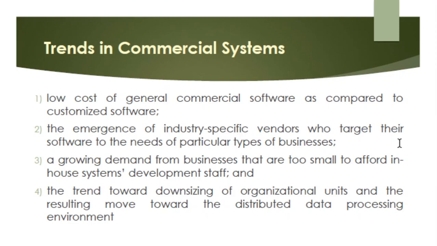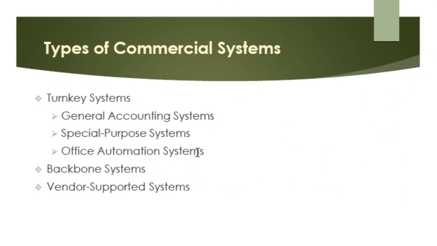And lastly, the trend towards downsizing of organizational units and the resulting move toward the distributed data processing environment. So these are the common reasons why there is a significant increase or growth in the usage of commercial systems. Now, what are the different types of your commercial systems? So you have the turnkey, the backbone, and the vendor supported systems.